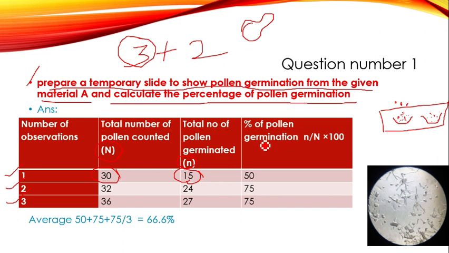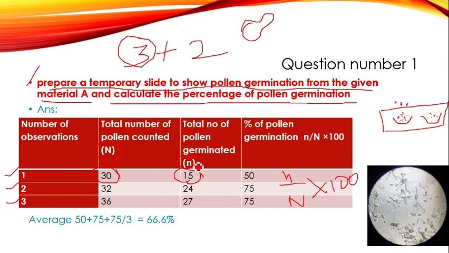Then you have to calculate the percentage of pollen germination. There is one equation for calculation of percentage of pollen germination, that is small n by capital N into 100. Okay, how to calculate percentage of pollen germination for the first slide? By this equation, small n by capital N into 100.